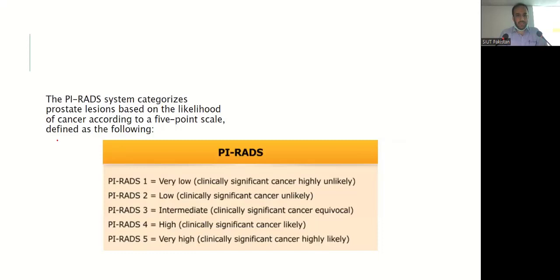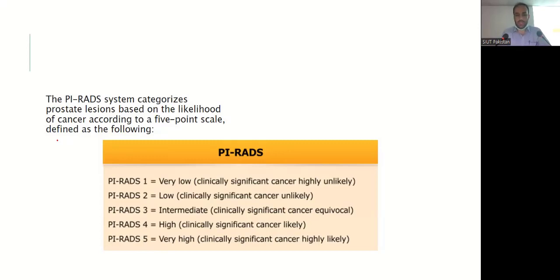The PI-RADS system categorizes prostate lesions based on the likelihood of cancer according to a 5-point scale defined as the following. PI-RADS 1 is very low: clinically significant cancer is highly unlikely. PI-RADS 2 is low: clinically significant cancer is unlikely. PI-RADS 3 is intermediate: the presence of clinically significant cancer is equivocal.